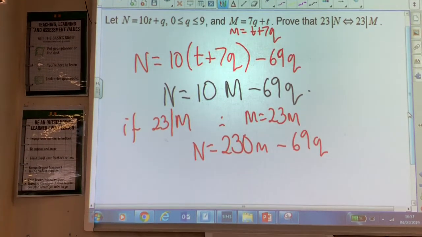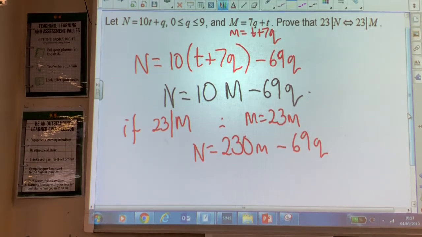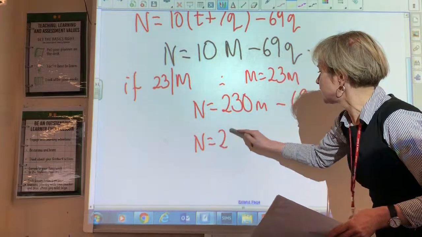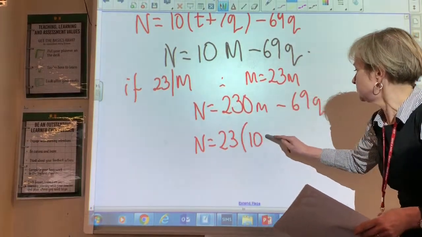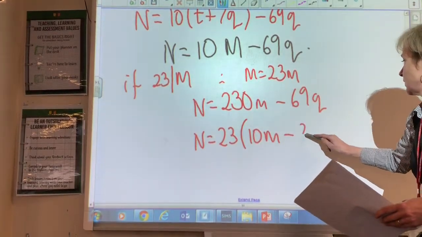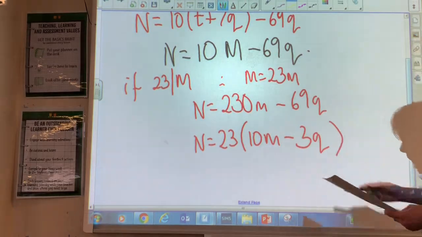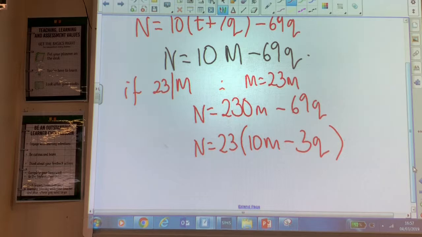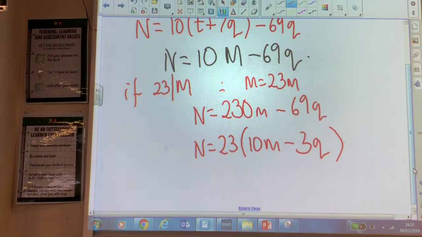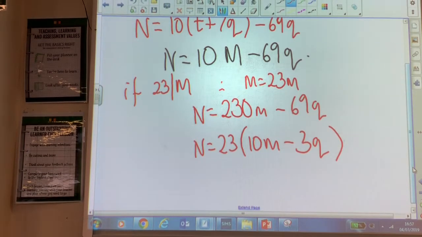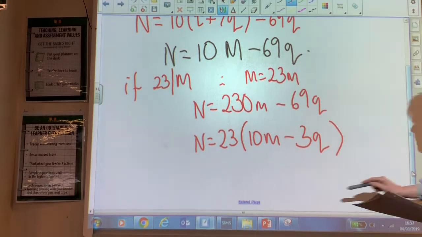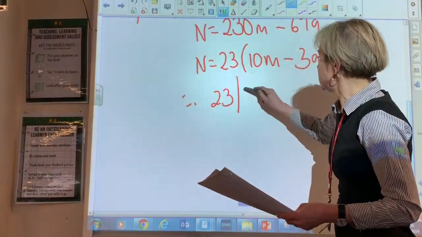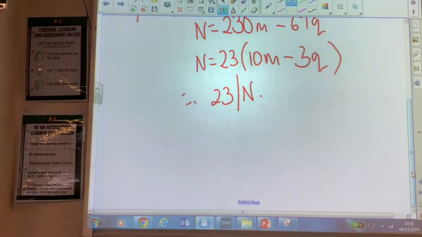I want to show that n is divisible by 23, so all I do is take out a factor of 23, and I've got n is 23 bracket 10 little m minus 3q. So I can see instantly that n is divisible by 23.